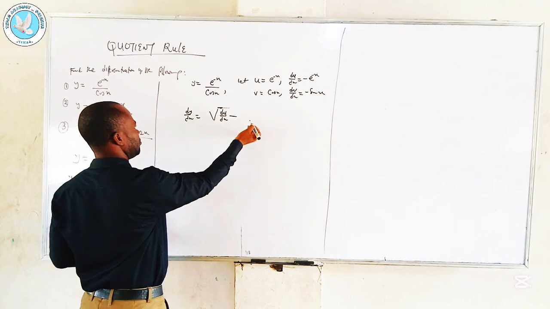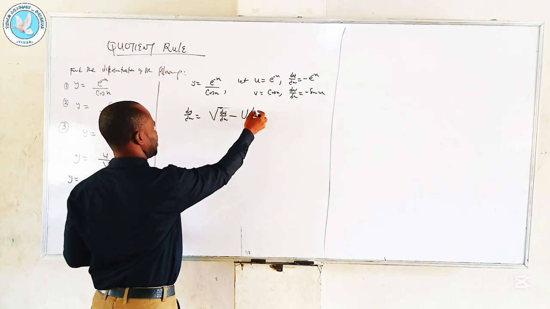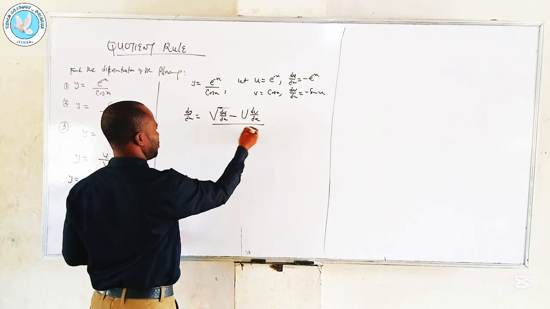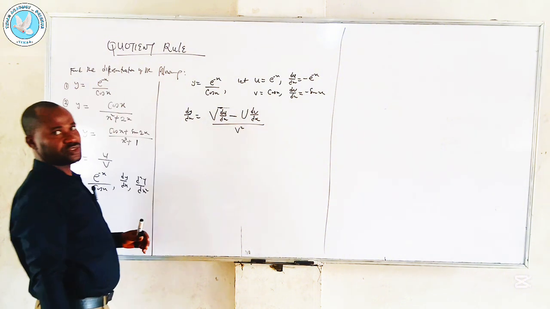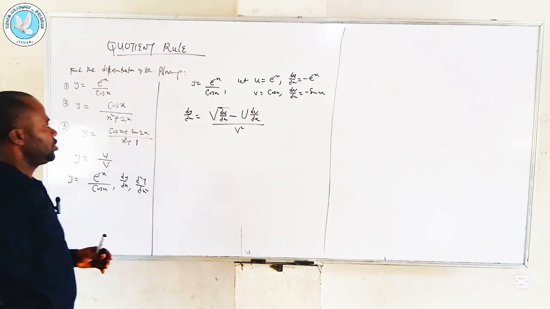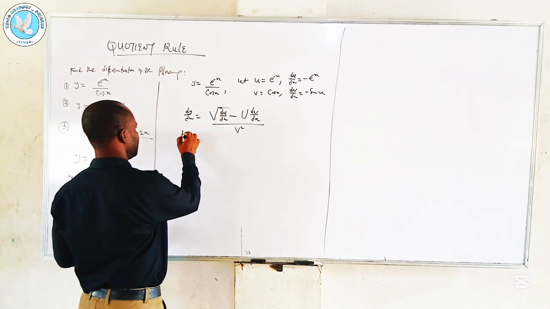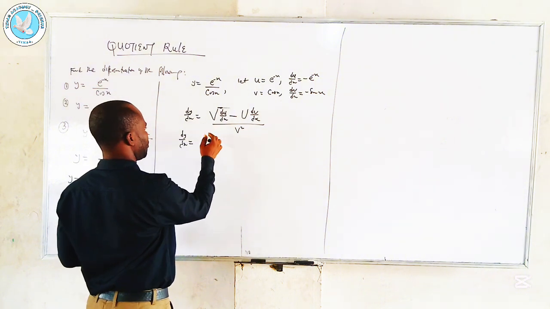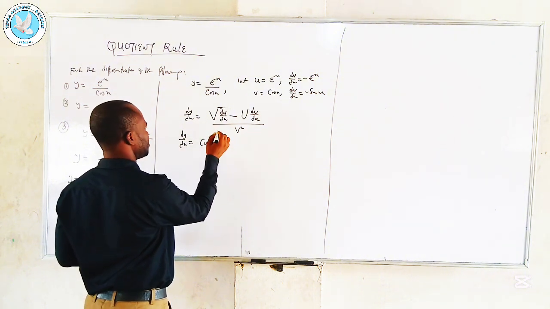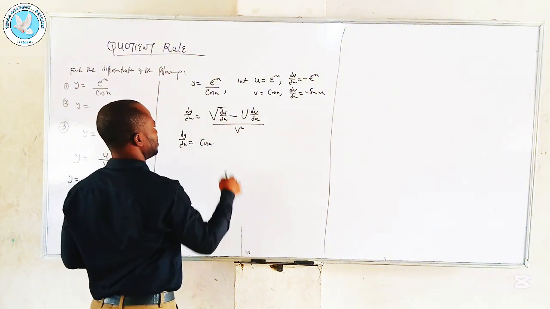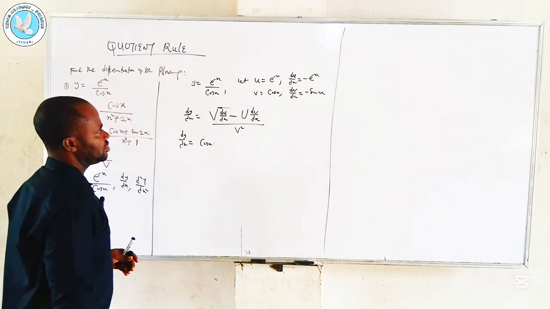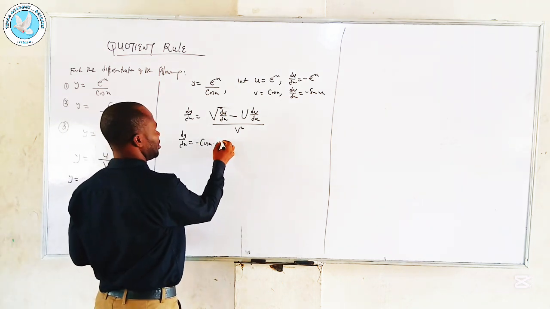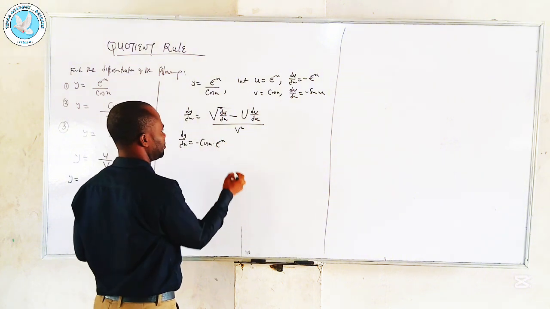So at this point we can use this formula: v multiplied by du/dx, minus u multiplied by dv/dx, and divide the whole thing by v squared. So at this point we are going to substitute appropriately. V is cos x multiplied by du/dx. Du/dx is minus, so you can put the minus here and write the exponential.